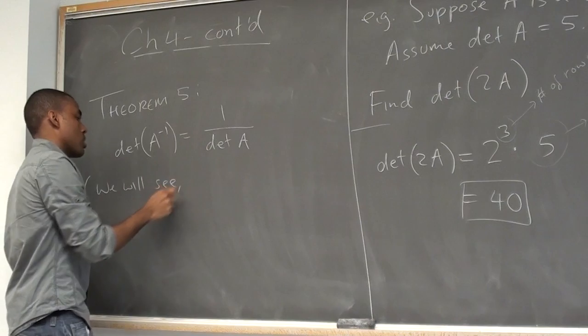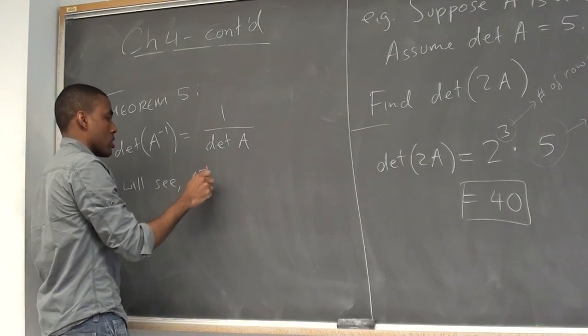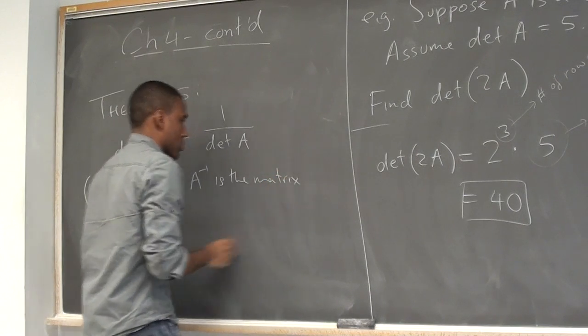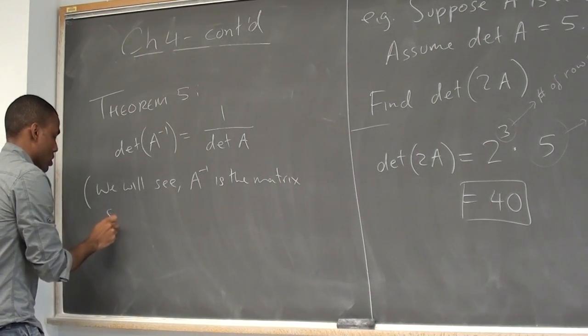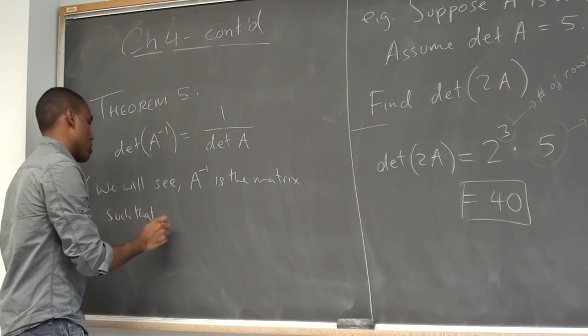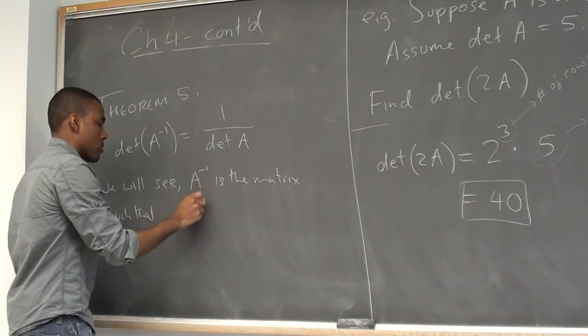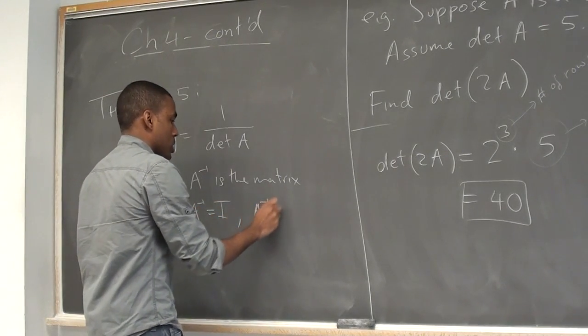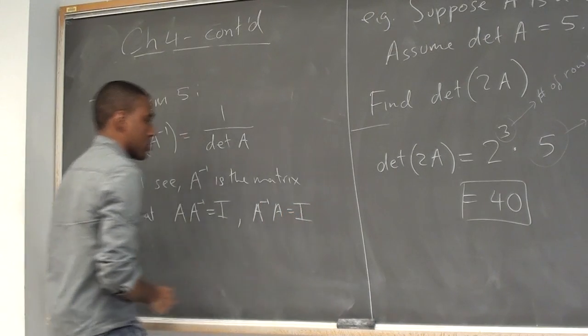It's not obvious if you don't know what A inverse means, right? We will see that A inverse is the matrix such that A times A inverse gives you the identity, or A inverse times A gives you the identity.